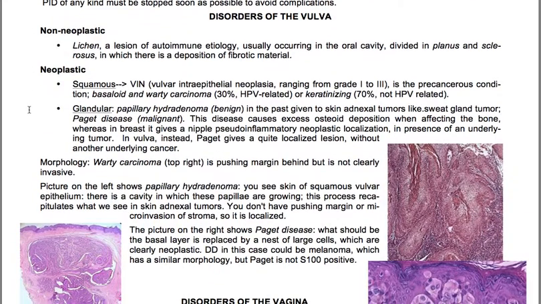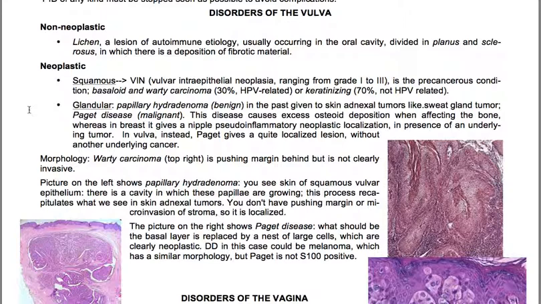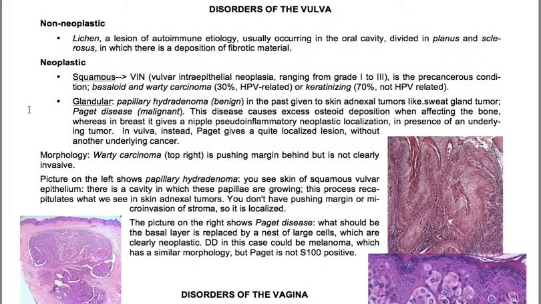Disorders of the vulva can be neoplastic or non-neoplastic. The non-neoplastic is lichen, which is a lesion of autoimmune etiology, usually occurring in the oral cavity, divided in planus and sclerosus, in which there is deposition of fibrotic material.